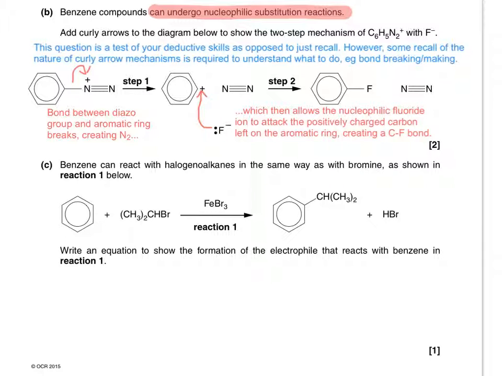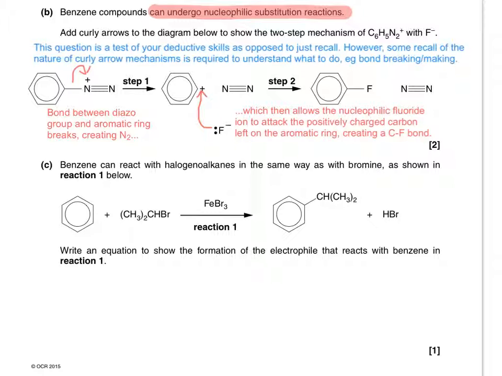So if you have a quick look at what I've done to annotate it, what I'm trying to do is explain how you can work out, from deducing what bonds are broken and what bonds are made, where to put your curly arrows. So curly arrows should always originate from either a bond, which is an area of electron density, or from a lone pair, which is another area of electron density.